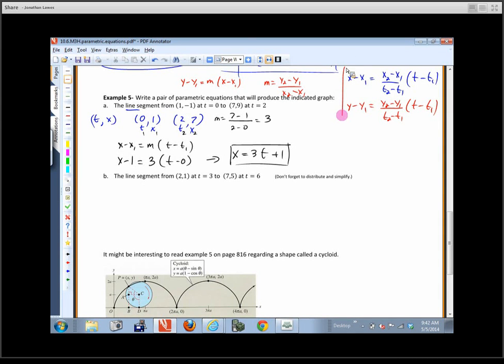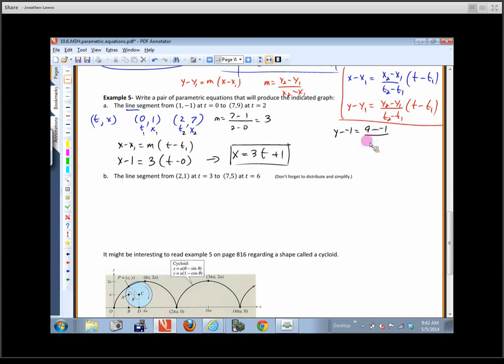Now the reason I show this to you is there's a problem on your assignment that actually kind of runs through that idea, and it's a lot easier if I show you this here. So let's figure this one out and see if this actually works. This is going to be y minus, what is y1? Negative 1. Y2 is 9. Y1 is negative 1.